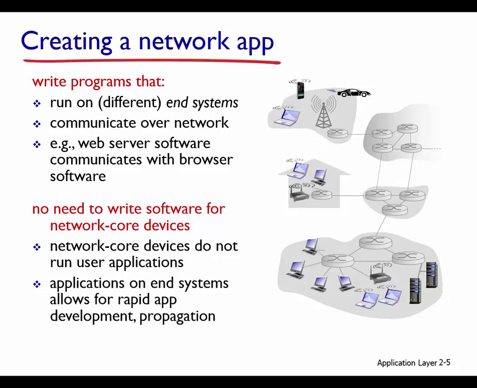So in creating a network app, you have to write a program that's going to use those standards, so the program can run on different end systems, and you're going to communicate somehow with one of the other network layers. So you have to foster communication over the network.